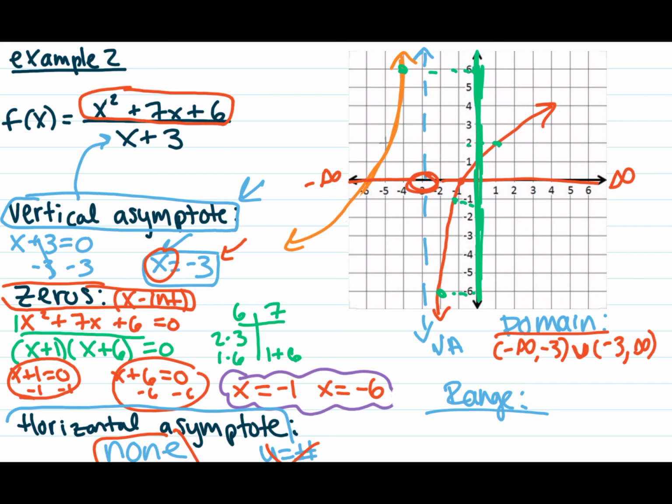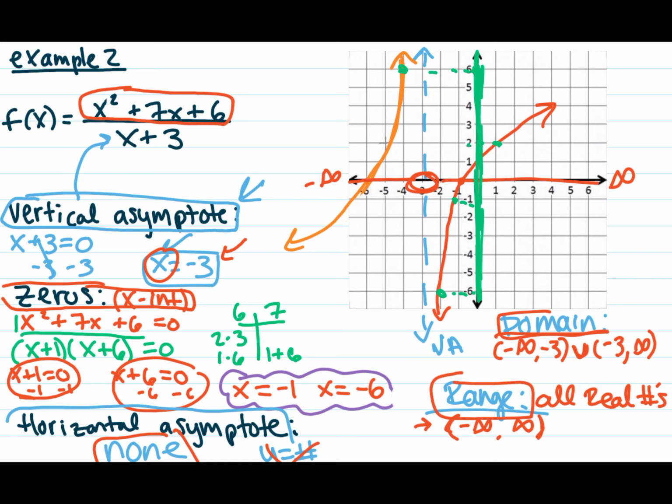So that means our range is all real numbers. But we write that in our notation that we've been using as -infinity all the way up to +infinity. Remember, this is not an ordered pair. This is representing an interval or a set of numbers that the range exists and a set of numbers that the domain exists. So that's the full example.